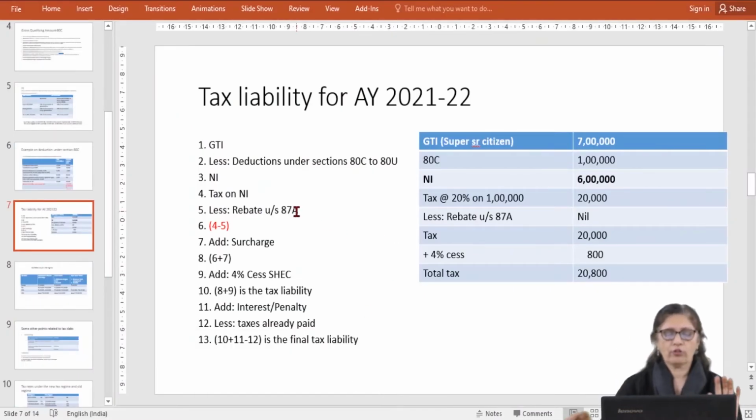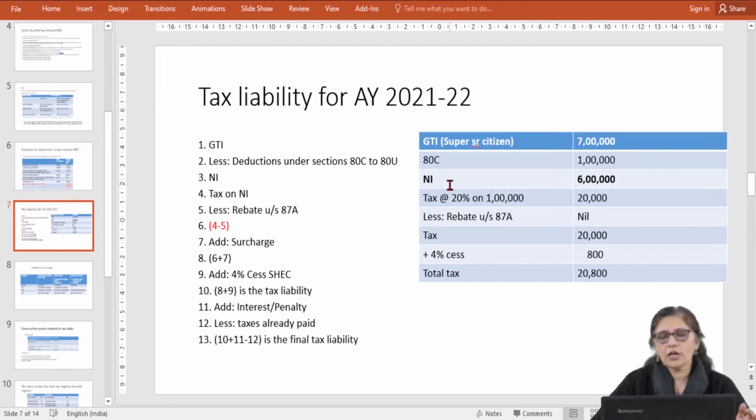The basic format for computing tax liability is something that we have done earlier partly and partly we'll take up later. Gross total income, we have done 14 lakhs. Deductions under 80C, we have a hypothetical case here also. Let's say gross total income is 7 lakhs. Then we give deductions under 80C to 80U. Let's say we have 80C of 1 lakh.